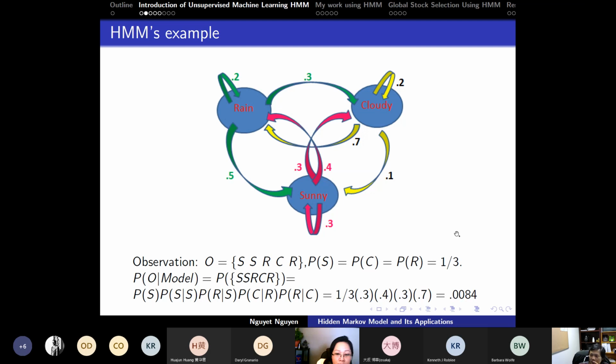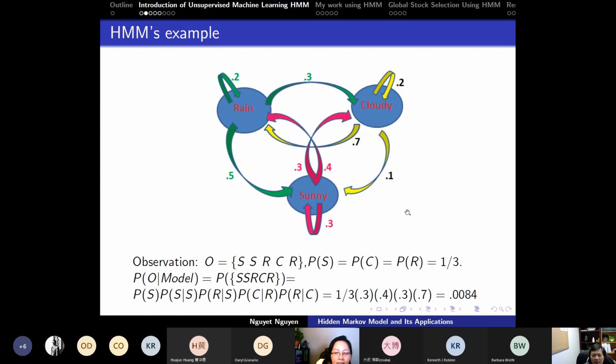So for example, when you have the temperature in one area, like a city, you have the daily temperature from 10 years ago, and you put this input into the hidden Markov model. We assume that you have three states, like rainy, cloudy, or sunny, based on the temperatures.